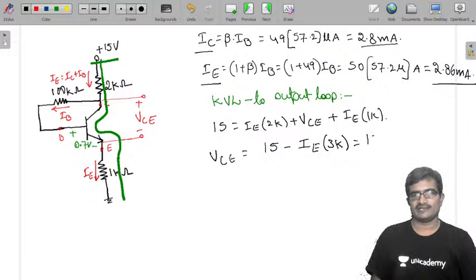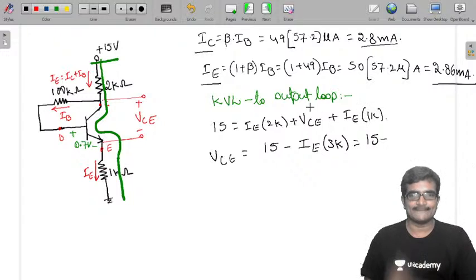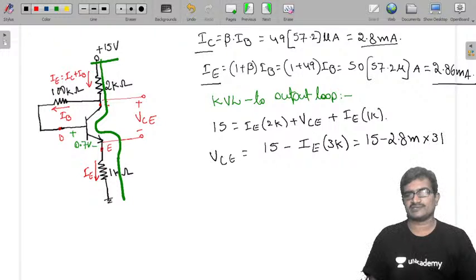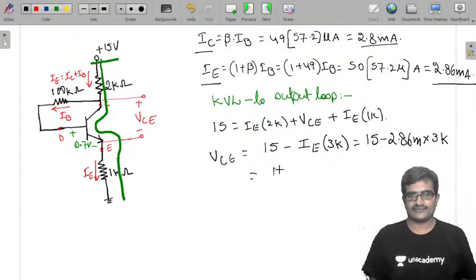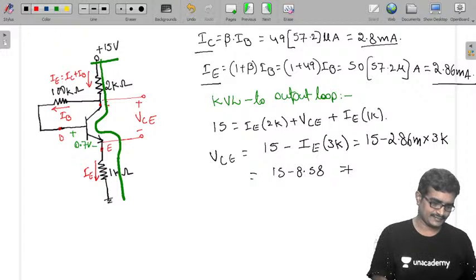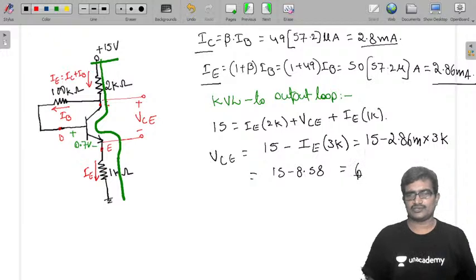So it is 15 minus the IE value, 2.86 milliamperes, into 3 kilo ohms. 2.86 into 3 is 8.58. So 15 minus 8.58 is 6.42 volts.